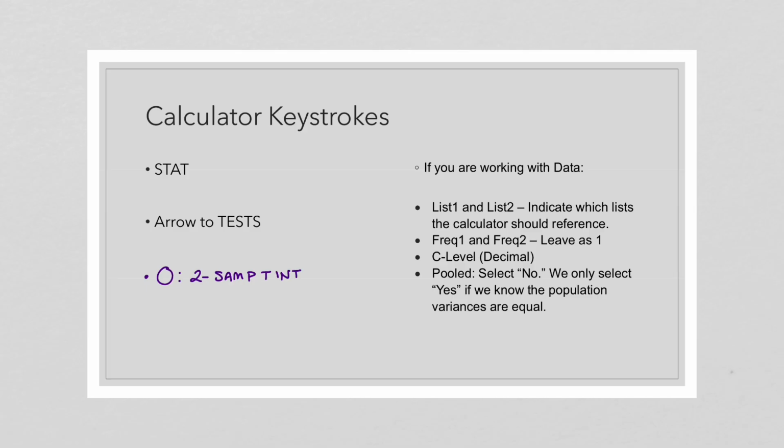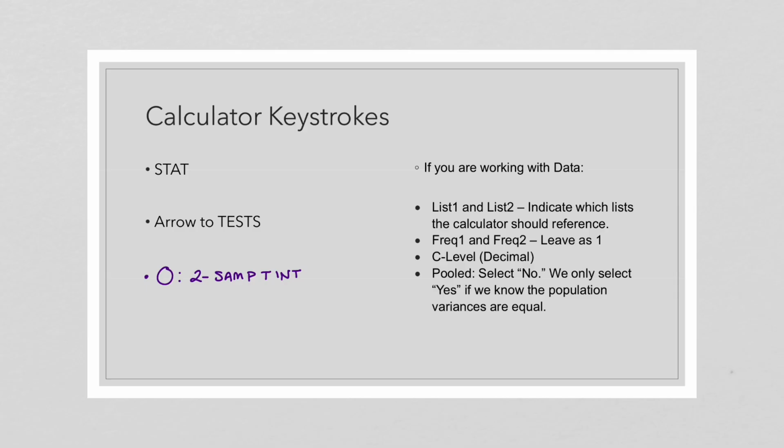So in this instance, remember that you are going to have to make the choice to let the calculator know if you are working with data or if you are working with provided summary statistics. If, for example, we are working with data, you're going to enter everything into list 1 and list 2 and indicate which lists the calculator should reference.